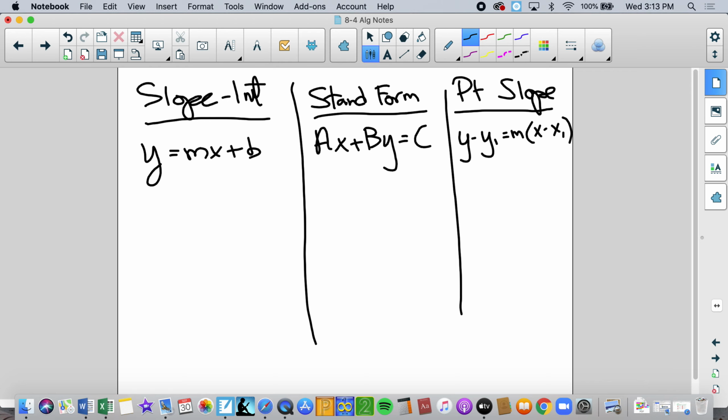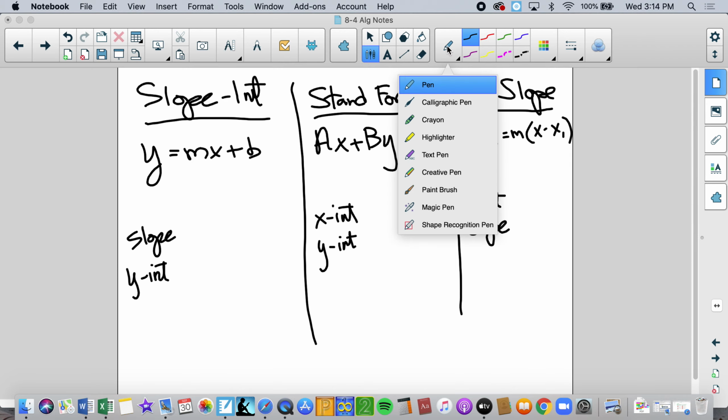But slope-intercept, we are going to be able to pull out the slope and the y-intercept. In standard form, we pull out the x-intercept and the y-intercept. That's what we're able to find. In point slope, we're able to find a point and the slope.